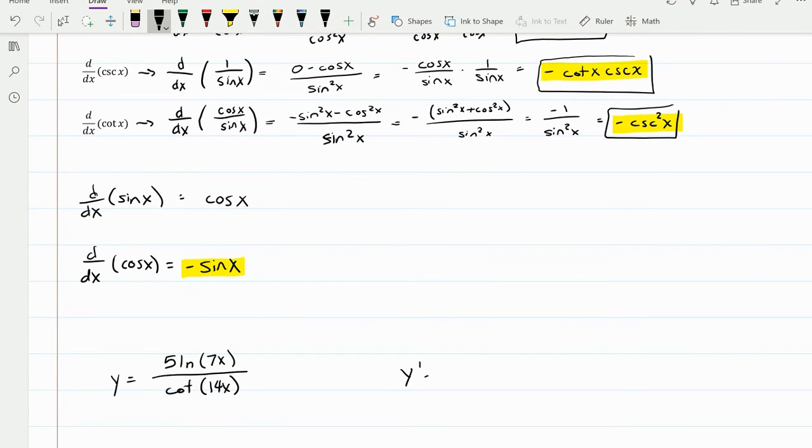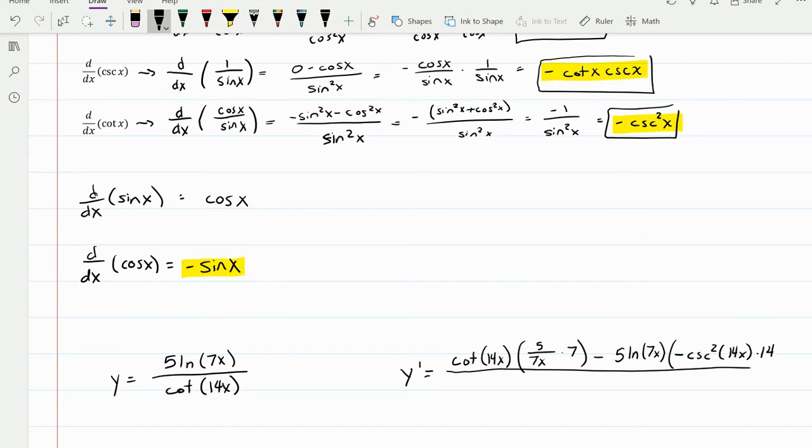All right, so when we use our quotient rule, just to start, I know it's my bottom function times the derivative of my top function minus my top function times the derivative of my bottom function all over my bottom function squared.